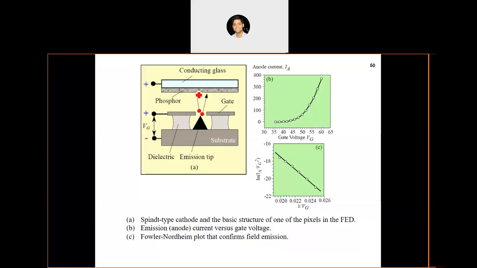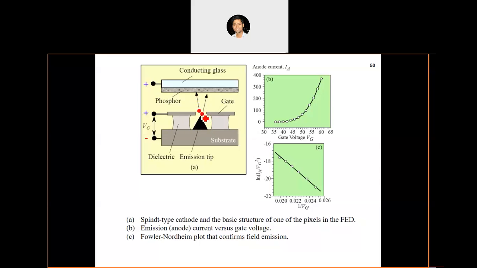Phosphor materials are a special class of materials where, when the electrons hit, they can produce photons of different colors, so we can generate different colors, which are used in televisions. This technology is a little older now; we have LCD screens, but a few years back we had television screens which were built on this field emission effect.